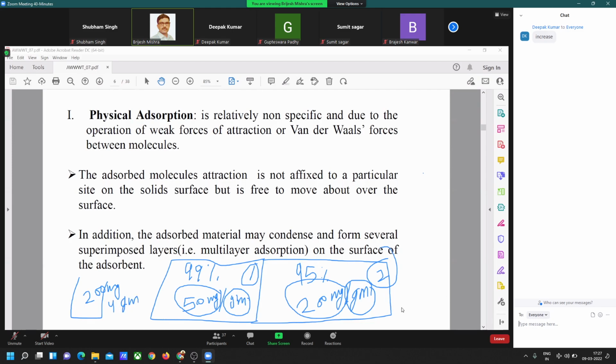Here, it's 95%. So what will happen? Only 1 gram adsorbent is sufficient, or maybe 1 point something. So you will find that 4 times more adsorbent is required. Commercially, it is more viable.